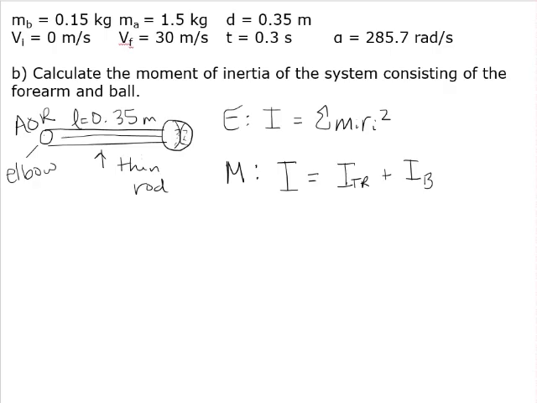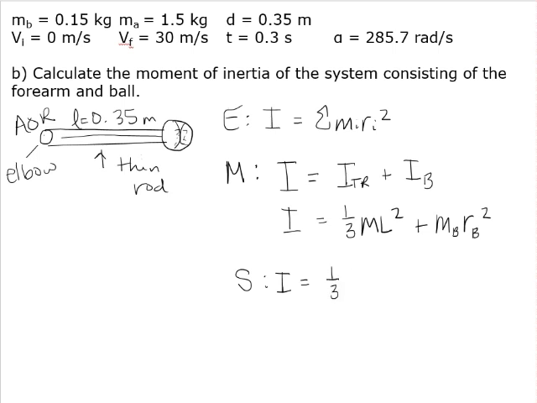Now that we've found our thin rod equation, we know that the moment of inertia is going to be equal to 1/3 times the mass times the length squared, plus the moment of inertia for the ball, which will be the mass of the ball times the radius of the ball from the axis of rotation squared.